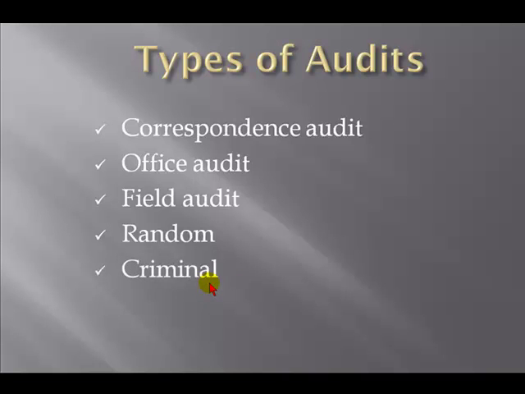Next audit type is a very scary audit type, and that is a criminal investigation audit. And the IRS will conduct this audit if they are concerned about the possibility of illegal activities. The IRS Criminal Investigation Unit employs 4,500 people who are stationed around the world, and they investigate criminal violations of the Internal Revenue Code, which can include such crimes as money laundering and other various types of fraud.